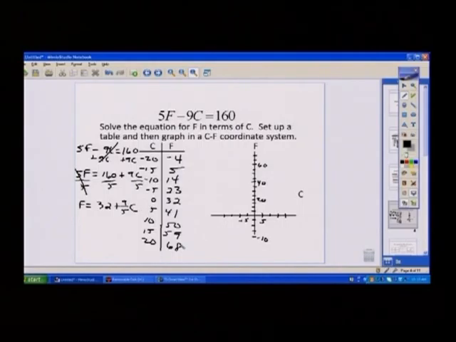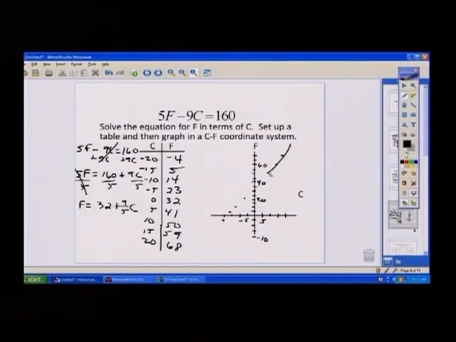So if we go over and graph, here I have the x-axis by 5s. So negative 20, negative 4 would be about there. Negative 15, positive 5, negative 10, 14, negative 5, 23, 0 is 32, and it looks like we have a nice linear equation going again. 10 is at 50, 15, 59, and 20, 68.